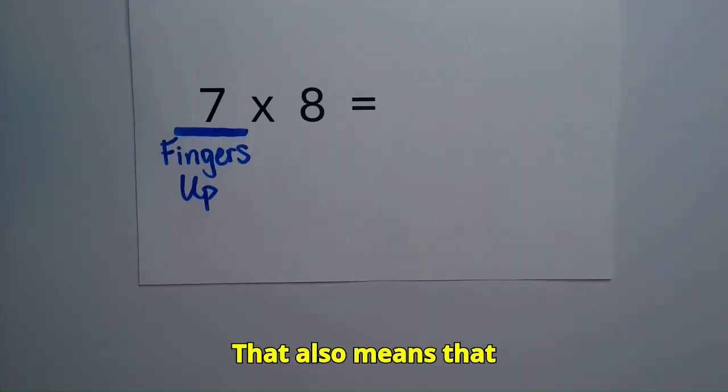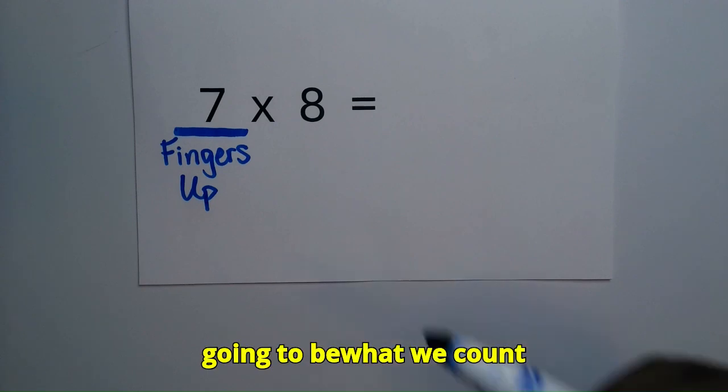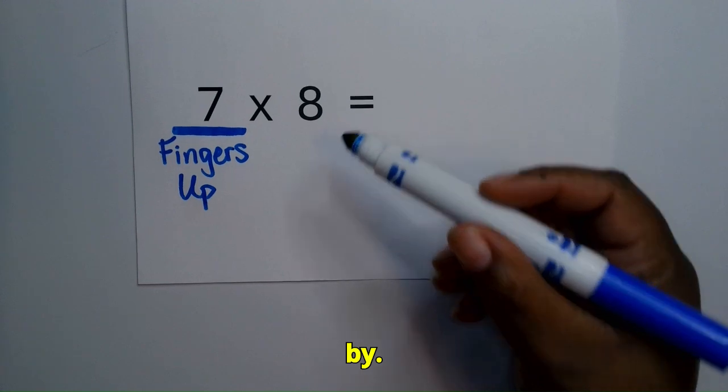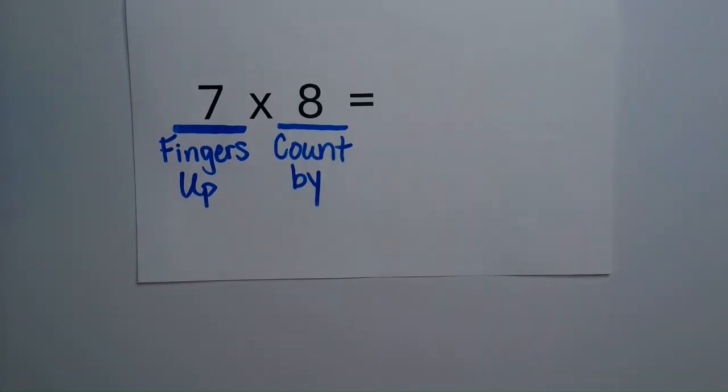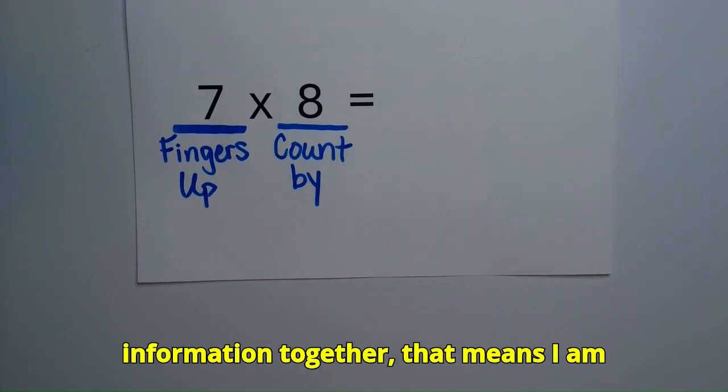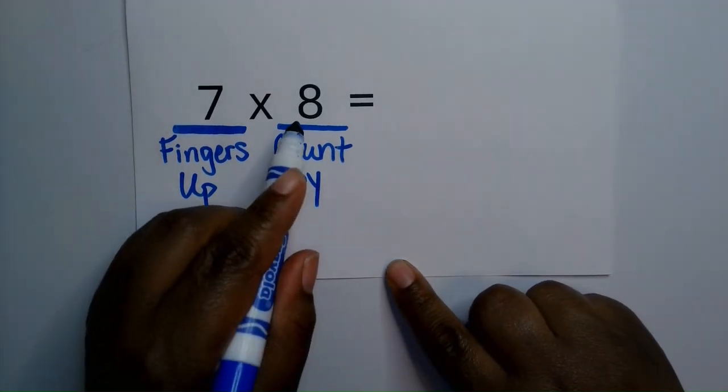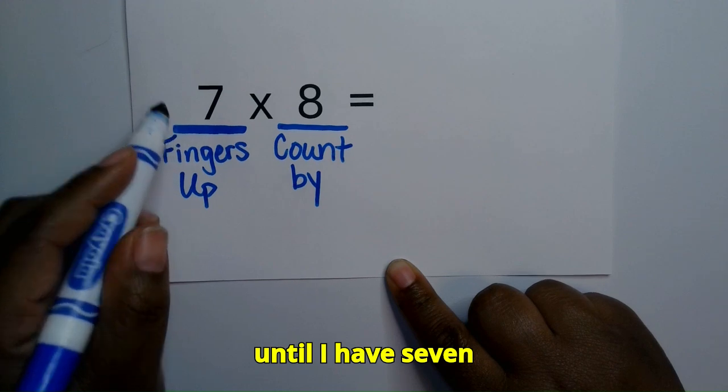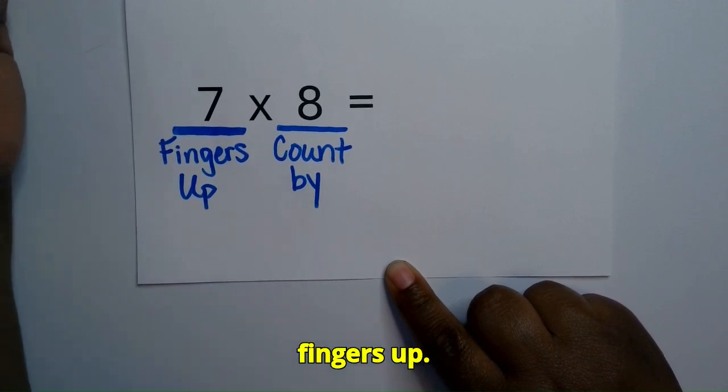That also means that our 8 is going to be what we count by. So when I put those two pieces of information together, that means I am counting by 8s until I have 7 fingers up.